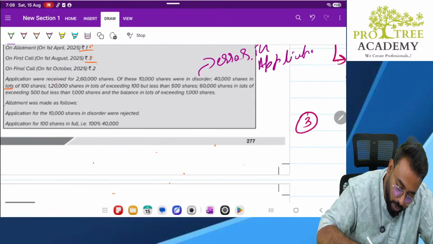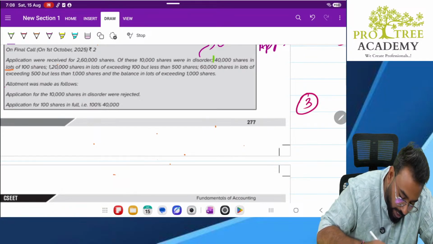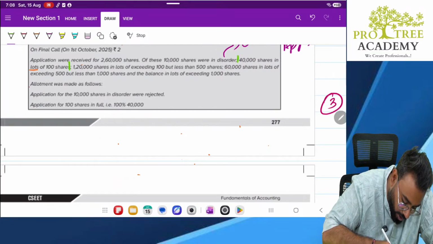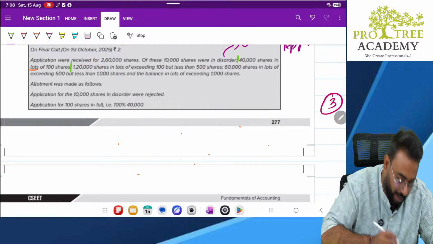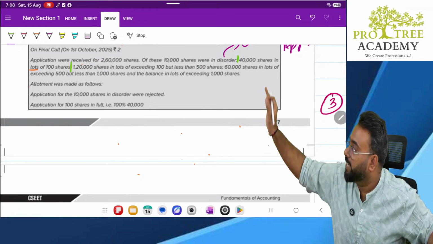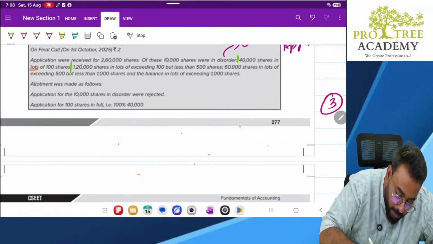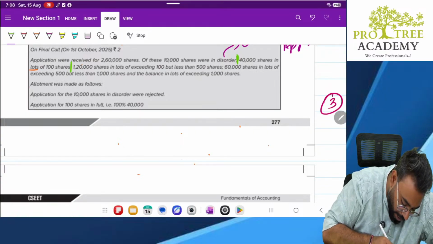See, they have told you that these 40,000 shares are applied in the lot of 100 shares each. So this part they are explaining like this. Application for 100 shares.